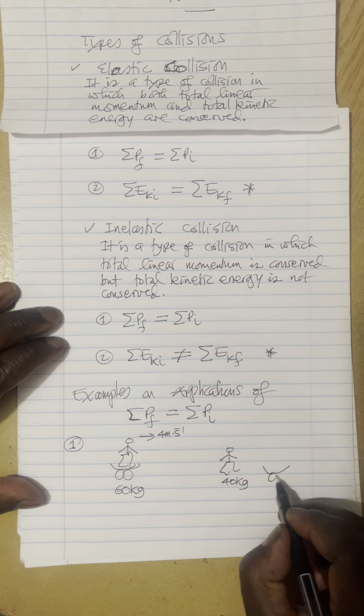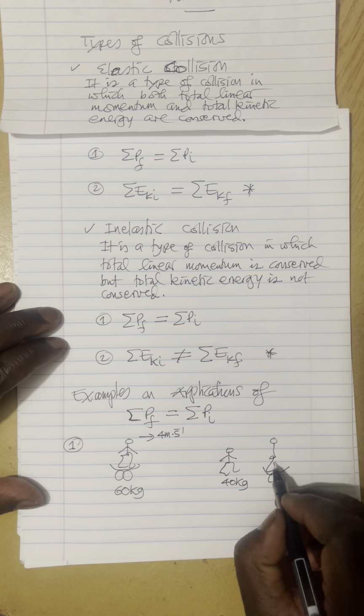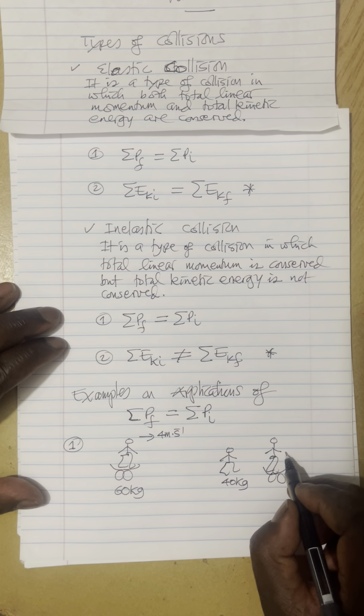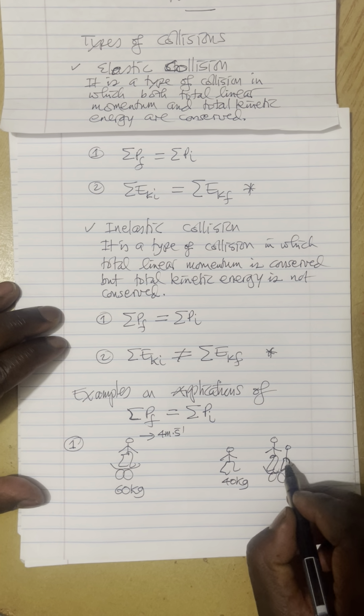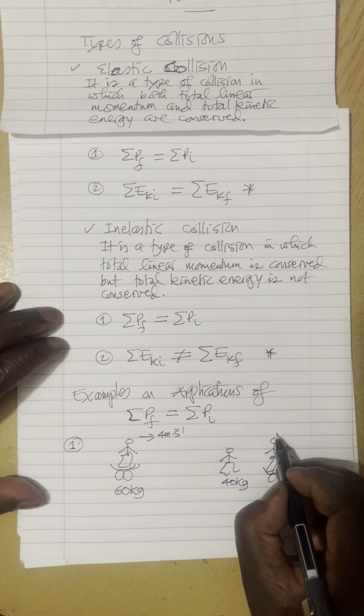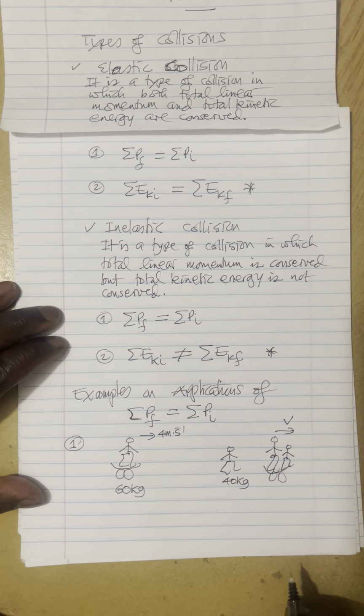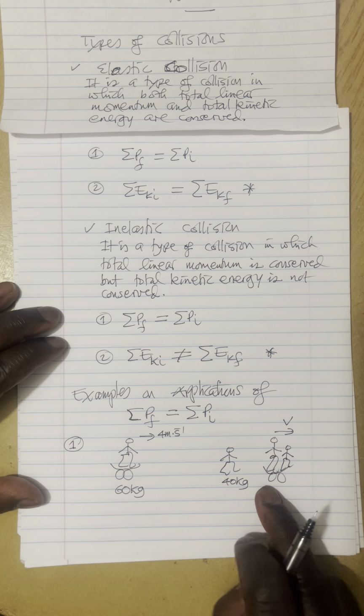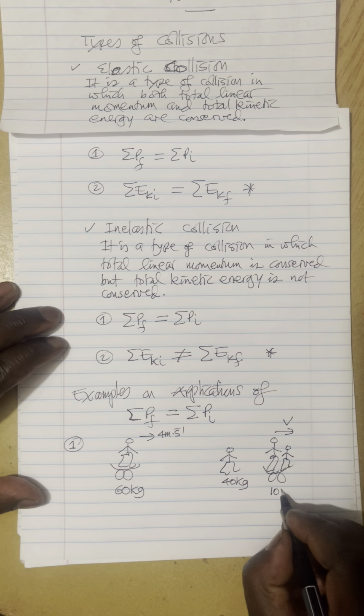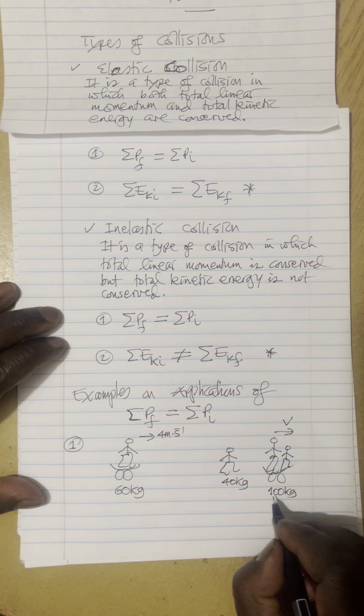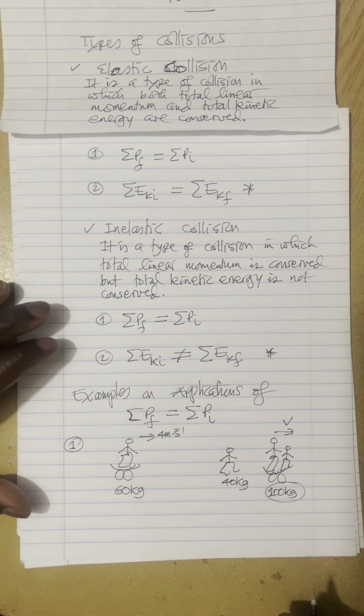Let's draw that scenario here. So here is Andrew and here is Ben. They're moving together going that way with a velocity v. Notice that now their combined mass is going to be 100 kgs. The examiner will not tell you that, you will have to know.